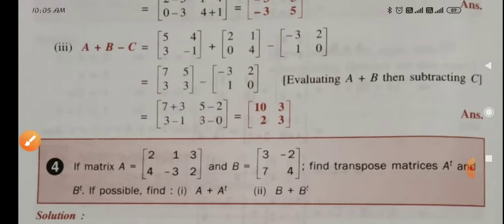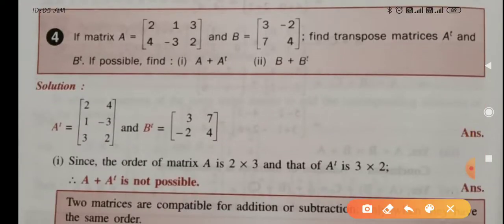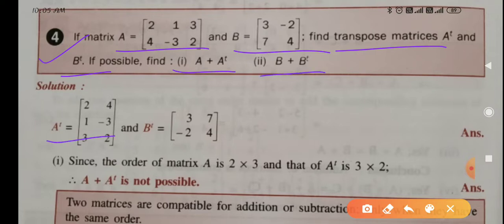Now one more example is coming. You can see matrix A is given, matrix B is given. Find transpose A T or A dash and B dash. If possible, then find A plus A T and B plus B T, B dash you can say. So A dash, you can find the transpose.